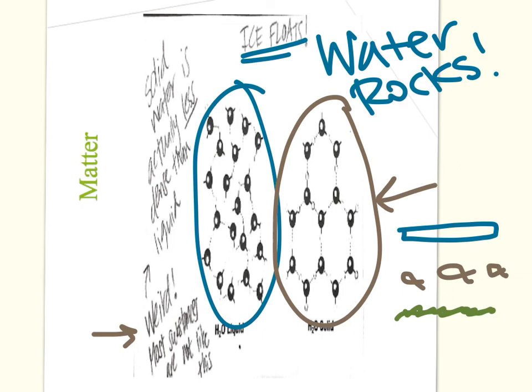So a really cool thing about water is ice floats. The next time you're having a drink with some ice cubes floating in the water, you just be like, yeah, that's awesome. Without that feature of water, we wouldn't have any life in the aquatic environments.